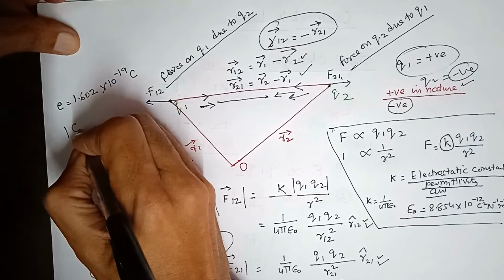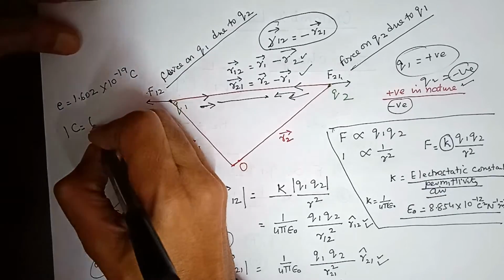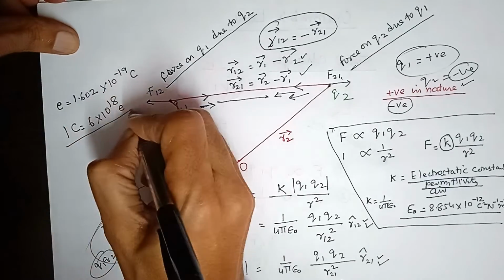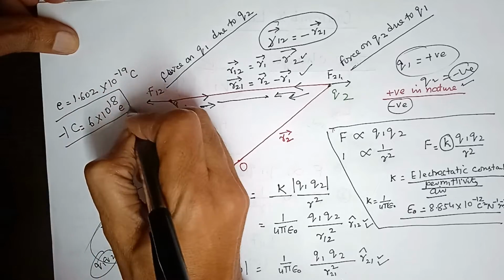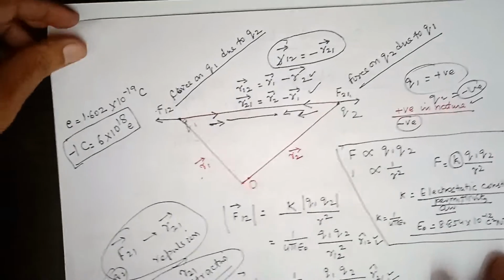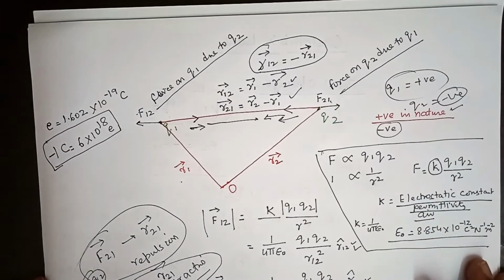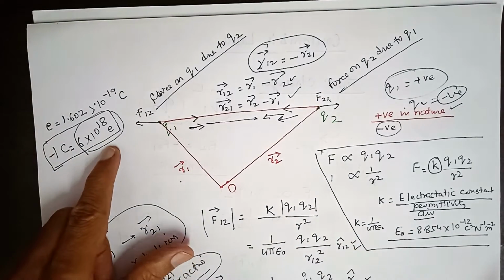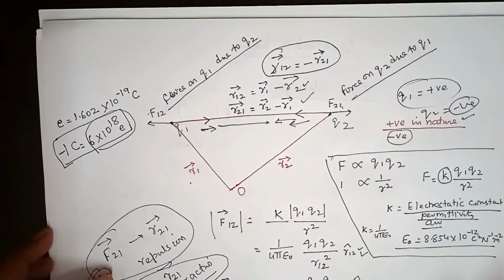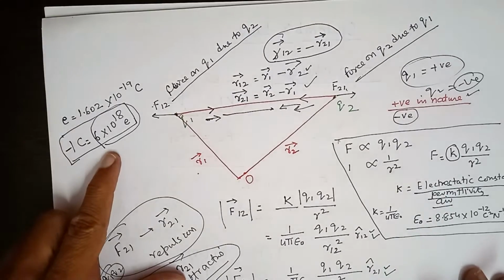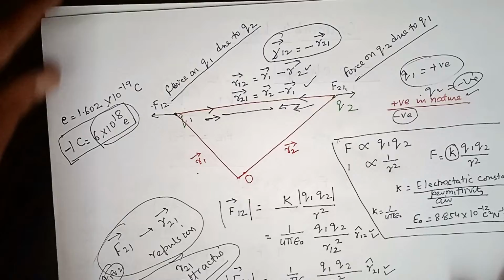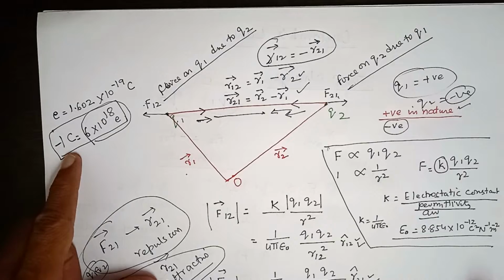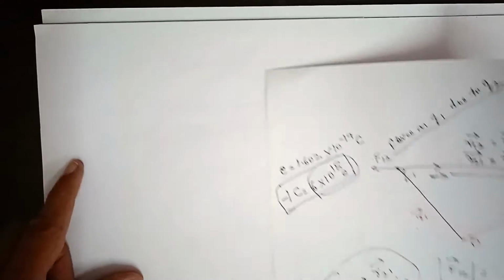In 1 coulomb, there will be 6 into 10 raised to the power 18 electrons. So you can see that coulomb is quite a large unit, and if this many electrons are collected together, they will give the collective charge equal to 1 coulomb.